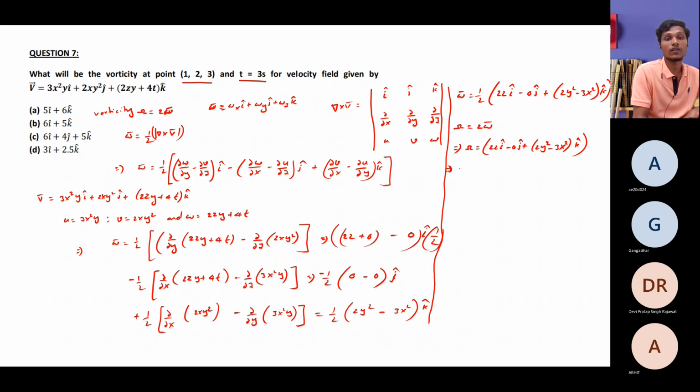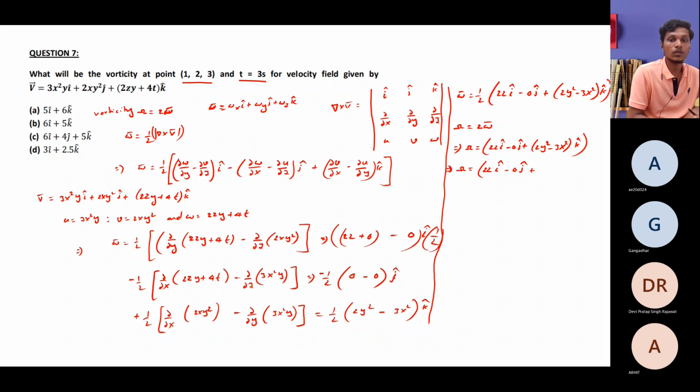Vorticity is not depending on the time, and so if we substitute our spatial coordinates, we will get 2z i cap minus 0 j cap plus 2y square.